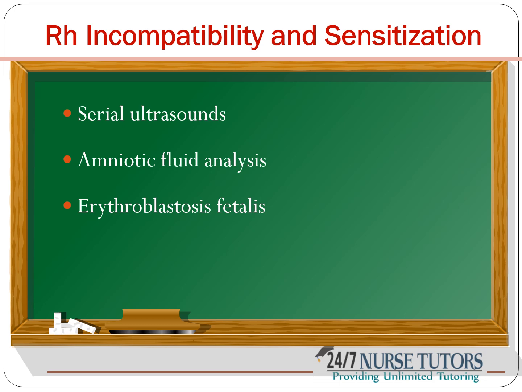Serial antibody screening should continue throughout pregnancy to identify increasing antibody production. A direct Coombs test is done on the infant's blood after birth to identify maternal antibodies attached to the fetal red blood cells.